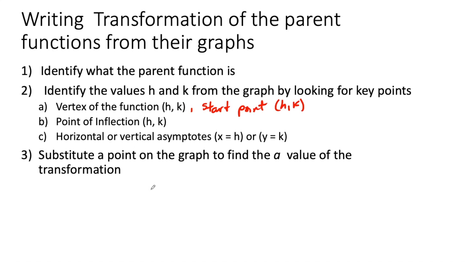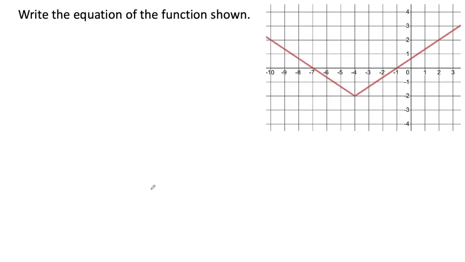All right, so example 1, we're going to write the equation of the function shown. To start, I'm going to identify that this is an absolute value function. The transformed form of this would be y equals a times the absolute value of x minus h, plus k.